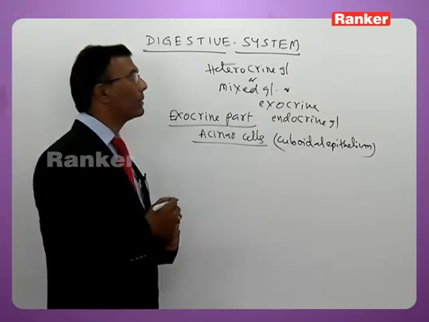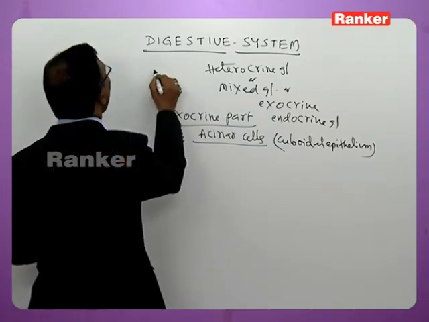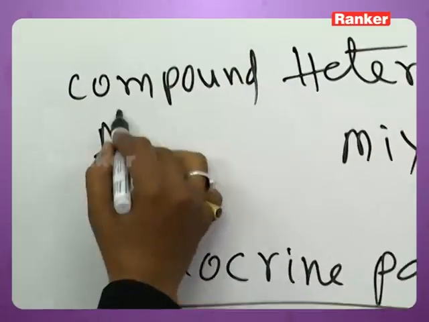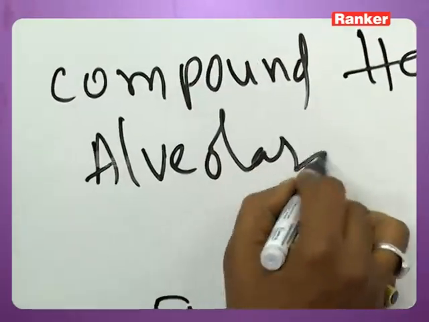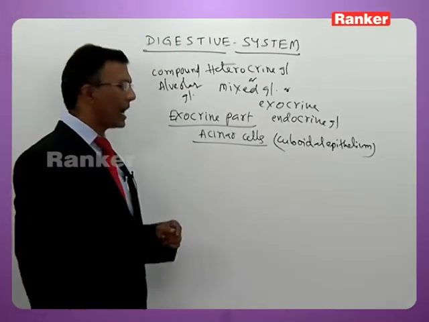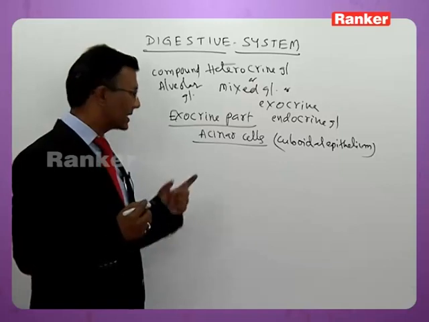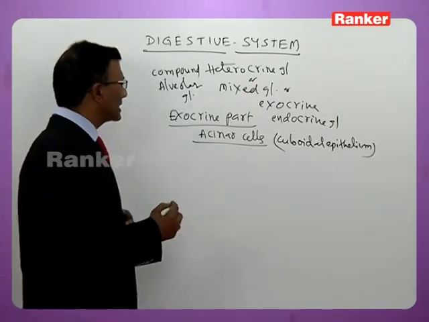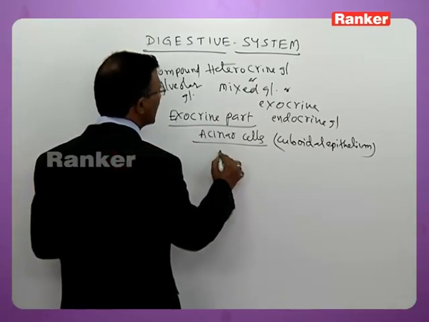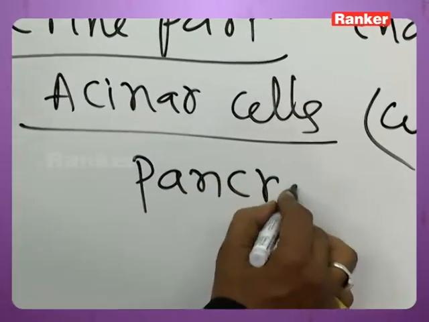And remember one more important point, the pancreas is a compound alveolar gland. What kind of gland is this? It is a compound alveolar gland. Okay. And the cells present in this acinus are cuboidal epithelial cells. Now these acinar cells synthesize pancreatic juice.